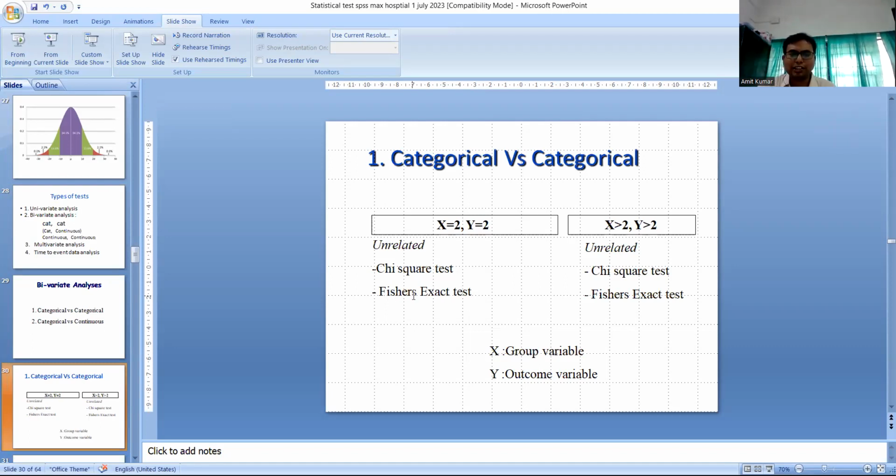The corrected format of the chi-square test is called the Fisher exact test, which we apply when both the groups are categorical. So if group number is 2 and test number is 2, chi-square test. If the group variable has more than 2 and the test variable also has more than 2, then also the chi-square test. For categorical variables, there is no confusion. You have to use the chi-square test.